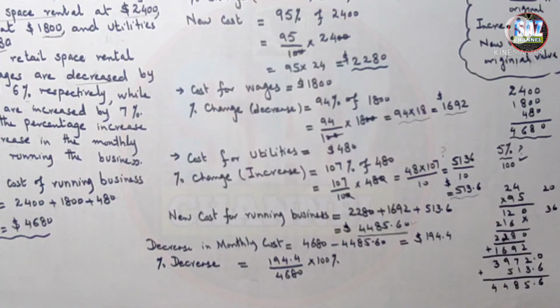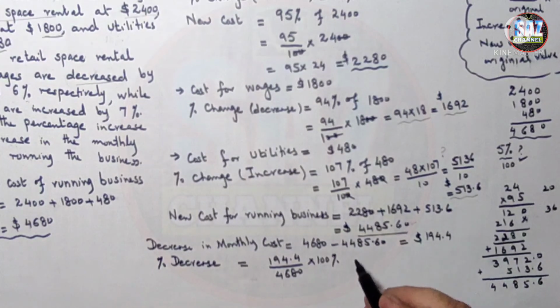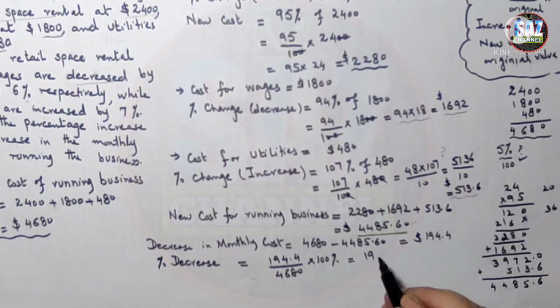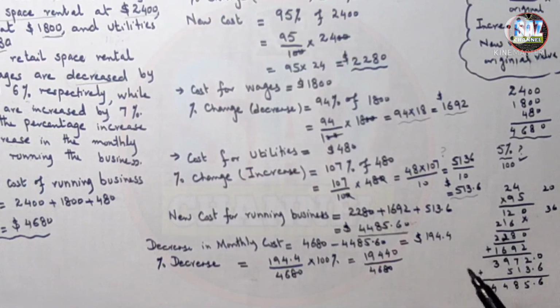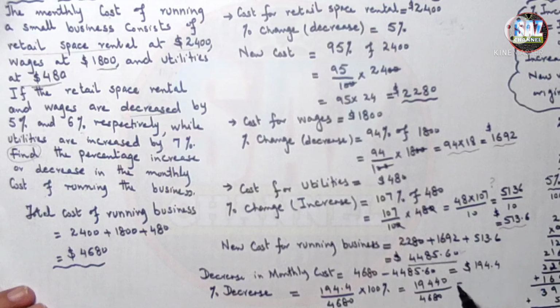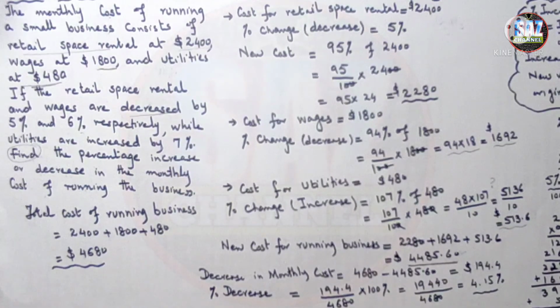Multiplying by 100 gives me 19,440 divided by 4680, and this gives me 4.15%. So the decrease in the monthly cost of running the business is 4.15%.